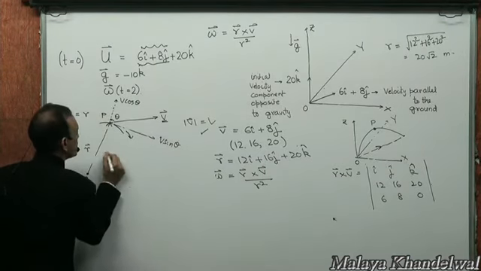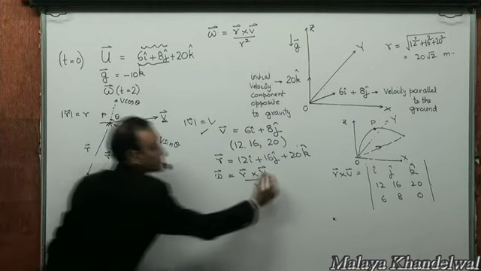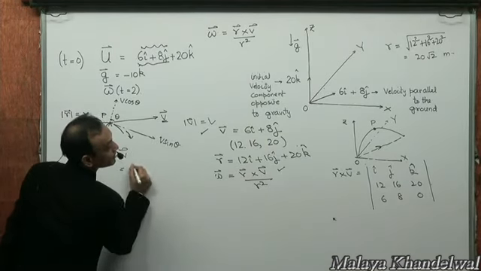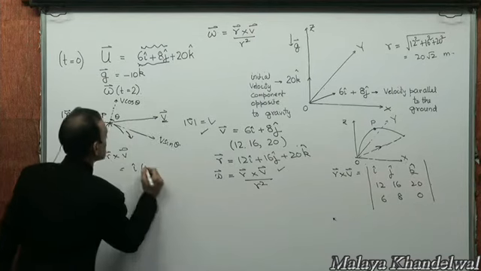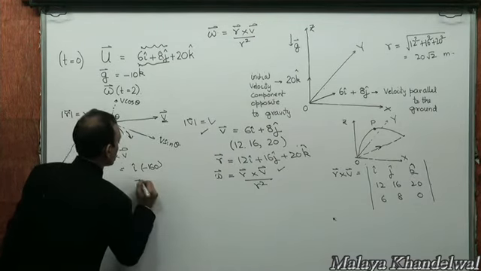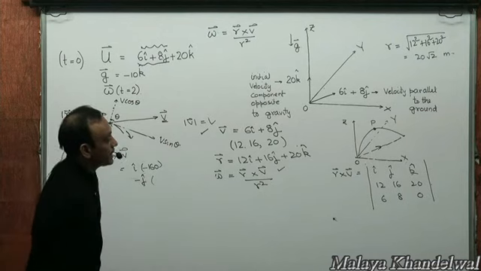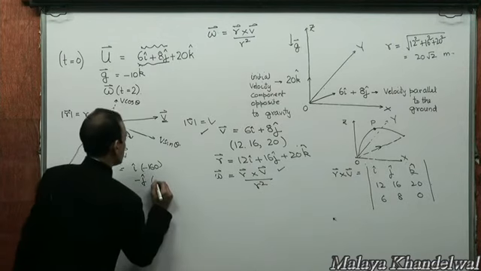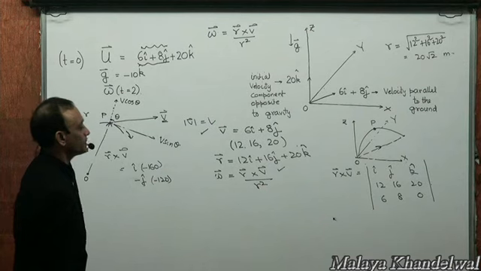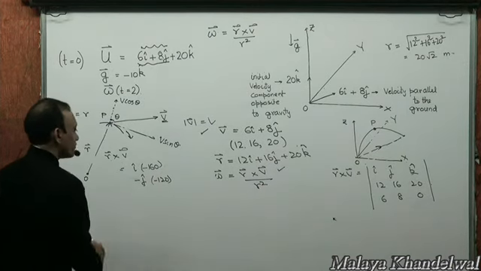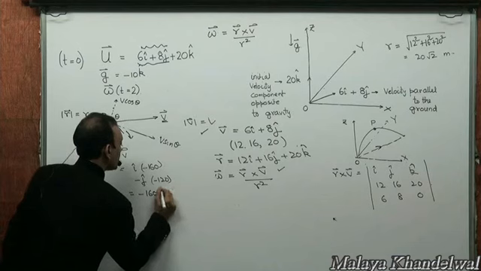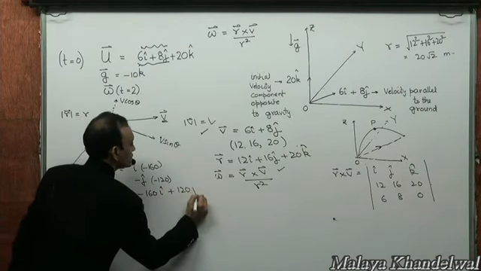So the vector r cross v, which will feature in the numerator of omega, is going to be i cap into minus 160, plus minus j cap into minus 120, plus k cap into 96 minus 96, 0 obviously. So that makes it minus 160 i cap plus 120 j cap.